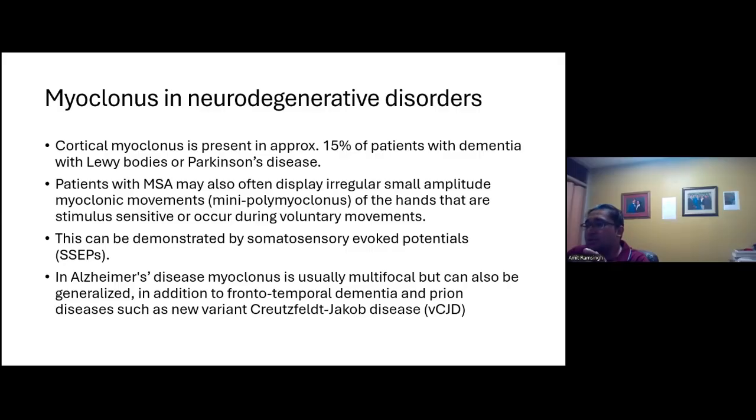You have myoclonus in neurodegenerative disease, so seen in patients with Lewy body dementia, Parkinson's disease, as well as multi-system atrophy. And these could be demonstrated on EMG as well as nerve conduction studies. Also importantly, we have new variant Creutzfeldt-Jakob disease, or mad cow disease, or the different prion diseases, in which myoclonus is quite an early sign.